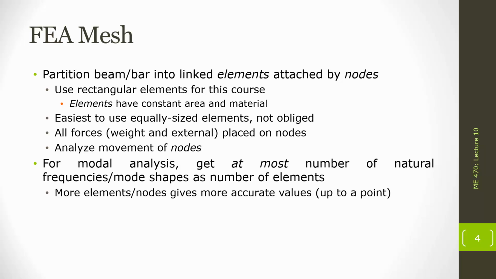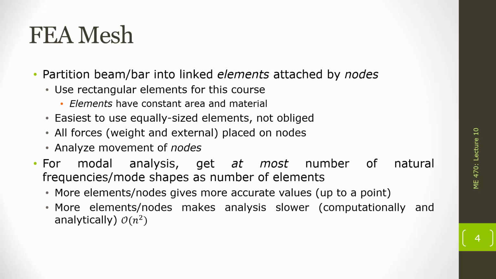But as we add more degrees of freedom in our discretization, as we make this mesh finer and finer, we're still going to be finding in order then the first 3, the first 4, the first 5 natural frequencies, and so on. And what we're going to see is that the more elements we add, the better those predictions from lowest to highest of those natural frequencies are going to become.